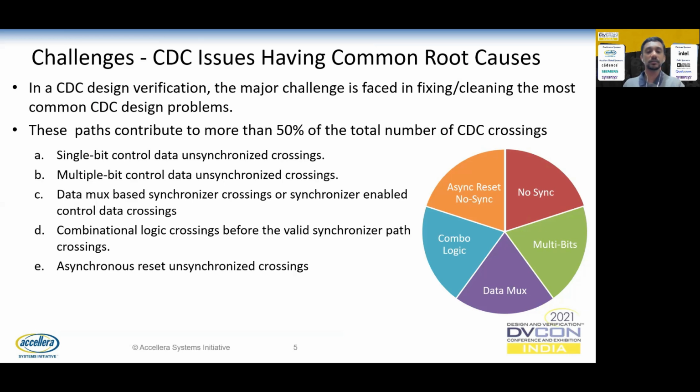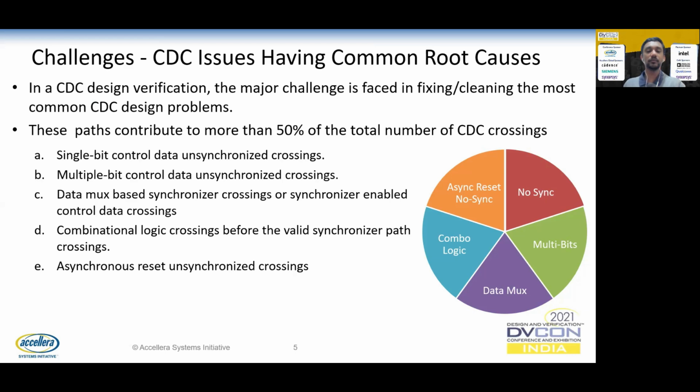The following are some of the most common and highest severity CDC cases observed predominantly in the design. Single bit control data unsynchronized crossings, multi-bit control data unsynchronized crossings, data mux based synchronizer crossings or synchronizer enabled data crossings, combinational logic before valid synchronizer path crossings, asynchronous reset unsynchronized crossings.